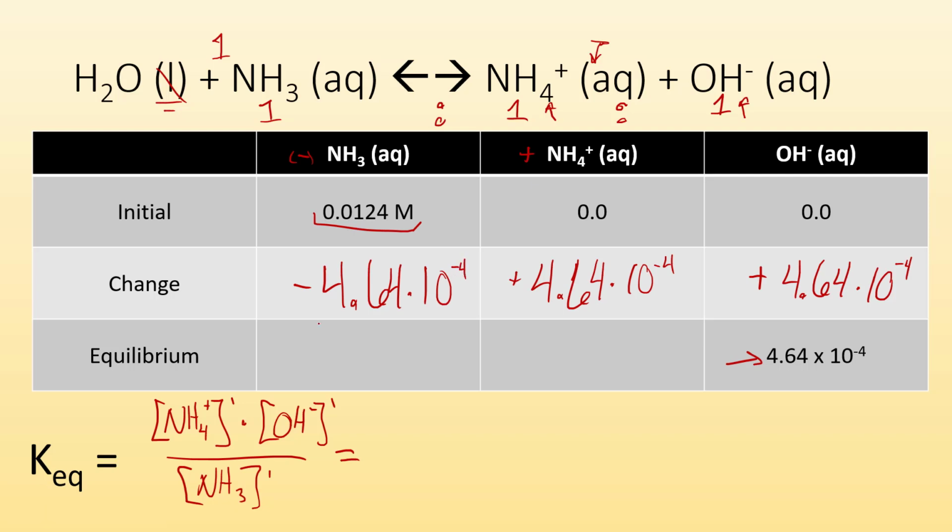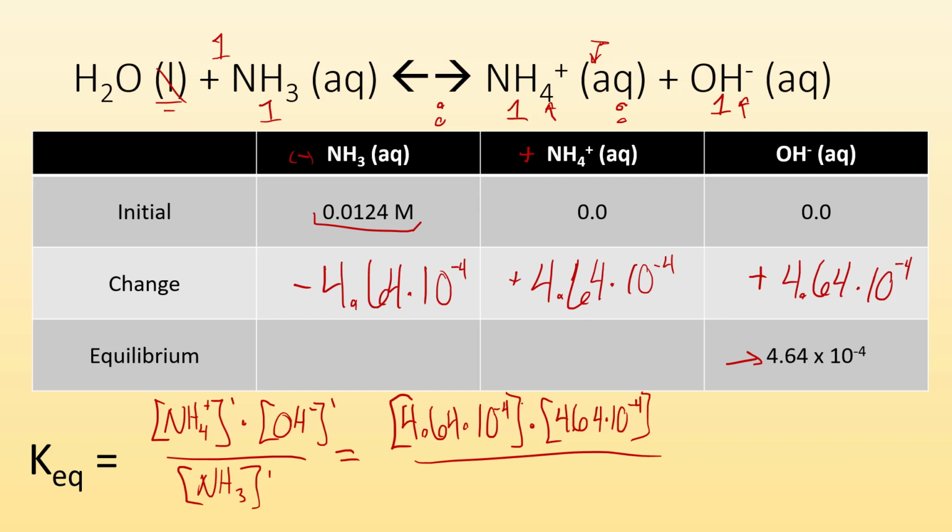So when I do that math, I'm going to have to substitute those values into my KEQ expression. So I've got the concentration of NH4 plus, which I figured out to be 4.64 times 10 to the minus 4, times the hydroxide ion concentration, which is the same thing, 4.64 times 10 to the minus 4, all over the concentration of NH3, which at equilibrium is going to be 0.0119 molar.